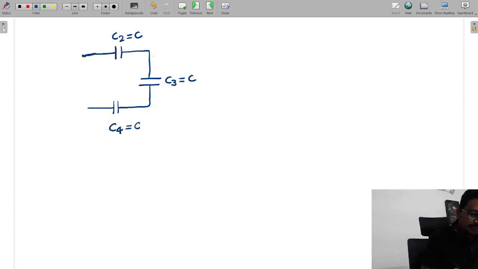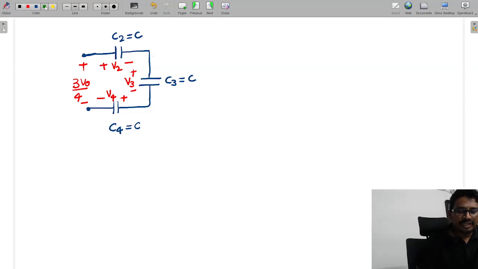Then how much is the voltage across these, you tell me. This overall voltage after connection is 3 V0 by 4. If I call this voltage V2, this voltage V3, and this voltage V4, this voltage will divide between these three capacitors.